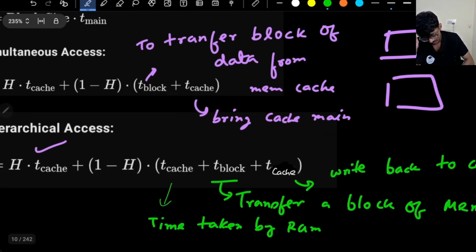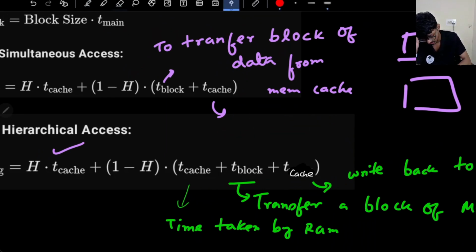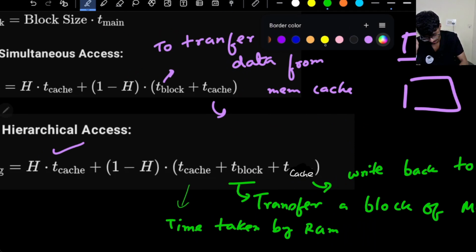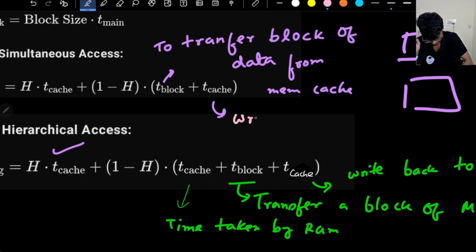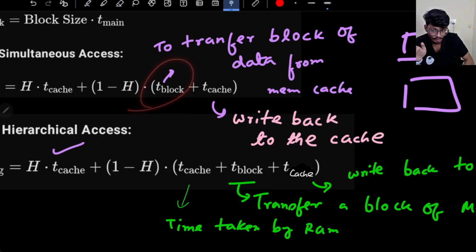But here, what was happening? Only this part was there. Basically, this was the write to the cache, the write back, the time required to bring a block of data into the cache memory.